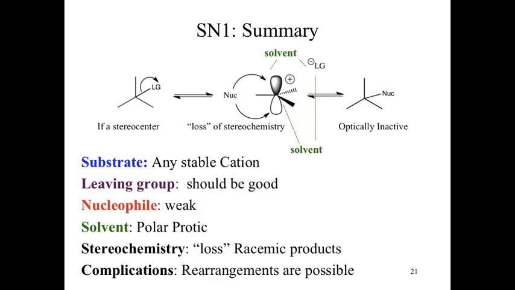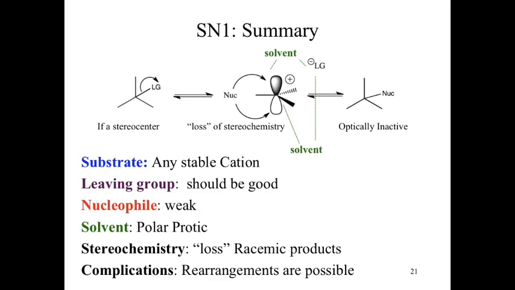Do I get a reasonable cation? For the substrate, any substrate that can generate a good, nice stable cation, tertiary or resonance stabilized, is going to be a good thing for an SN1 mechanism.